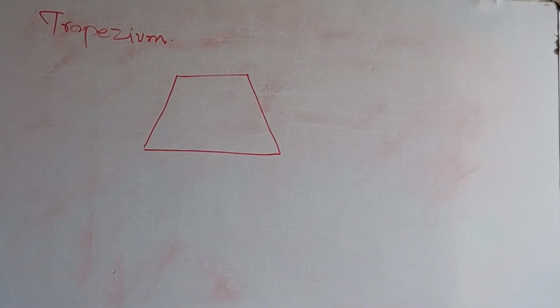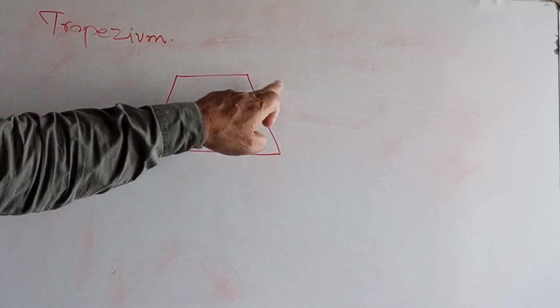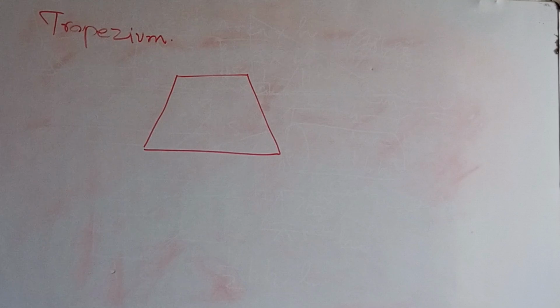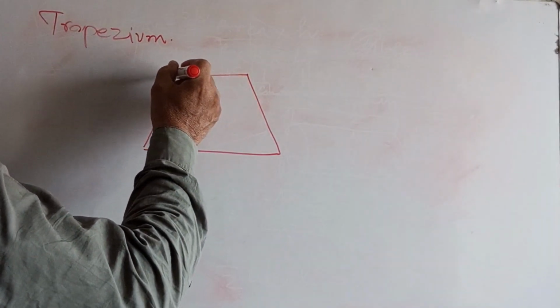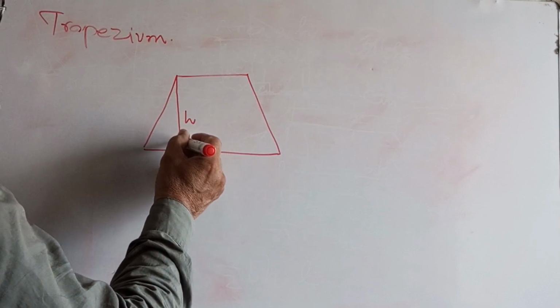Now if you want to find the perimeter, then it is easy. We'll add this side, this side, this side, and this side. But if you want to find the area, then you again have to drop a perpendicular from here till here. It will be h.